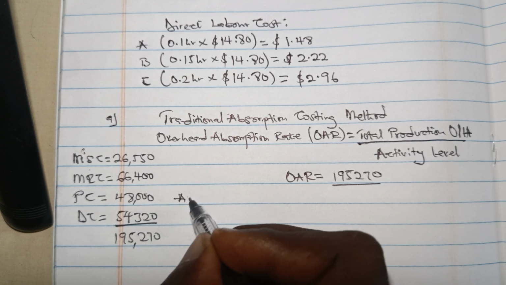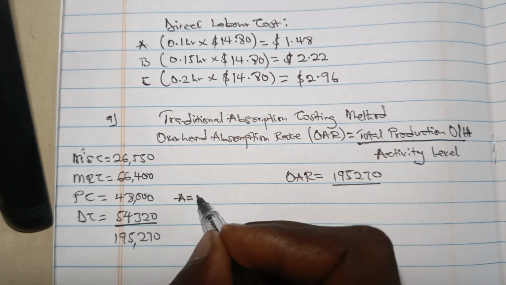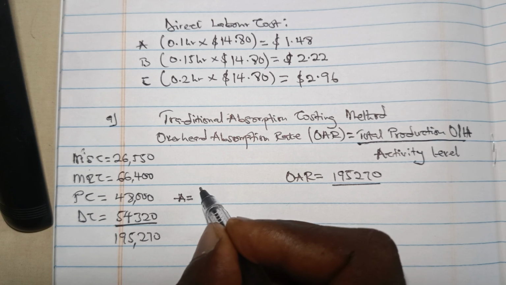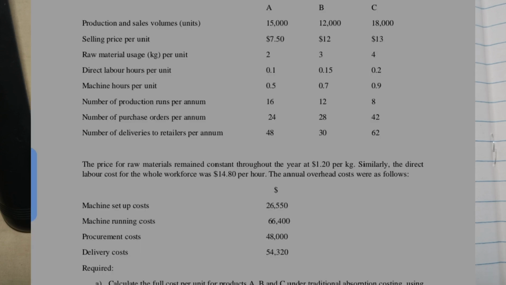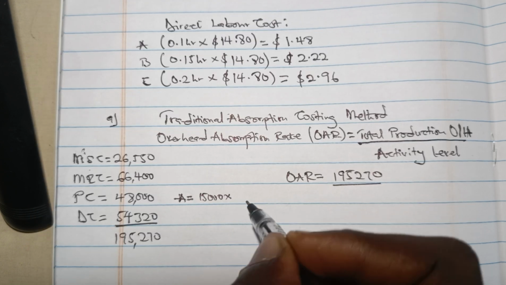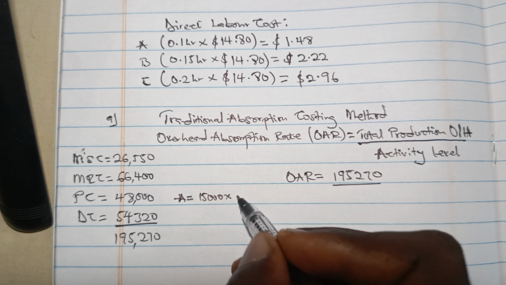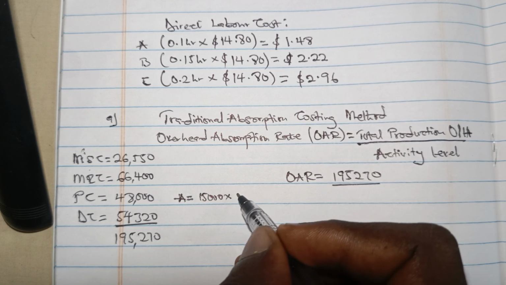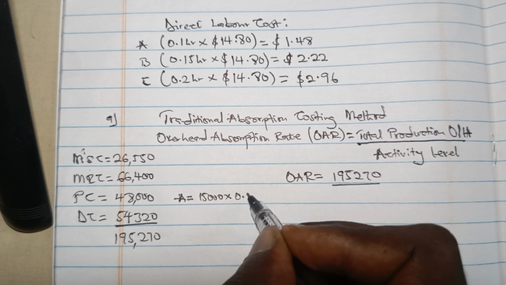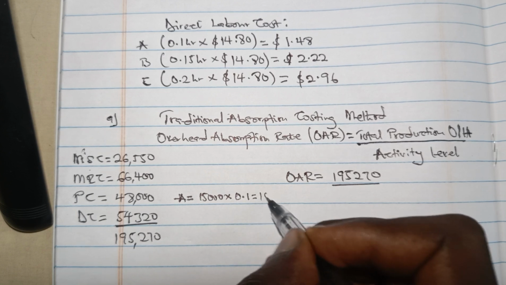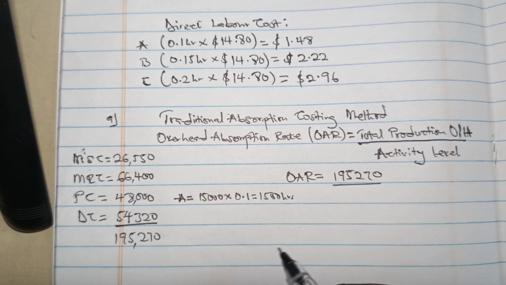So now the production unit, that is what you are going to use. For A it is 15,000. You multiply that 15,000 by the labor hour per unit, which is 0.1, and that will give us 1,500 hours.